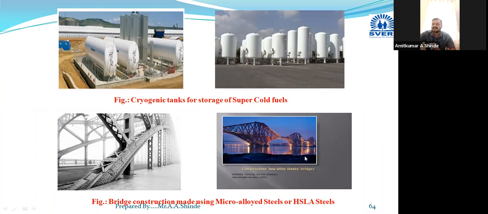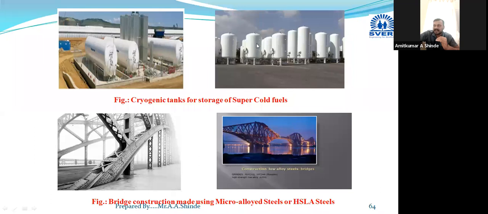These are high strength low alloy steels. Then here you can see the diagrams. These are cryogenic tanks. These white tanks you have seen are used for storage of super cold fuels, meaning liquid hydrogen or liquid oxygen.